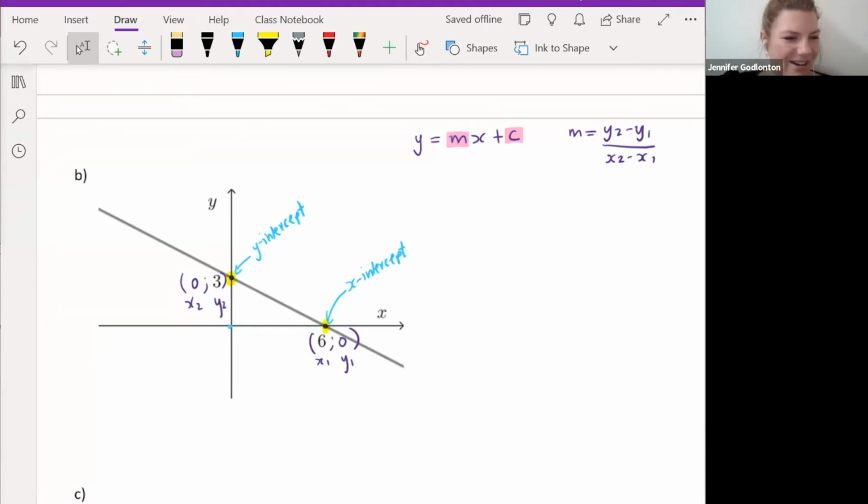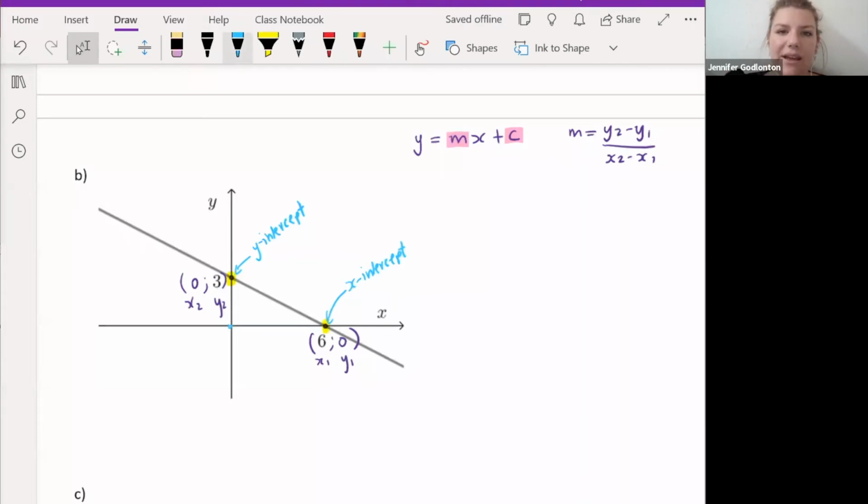Hello. How are you? I'm very well, thank you. I wanted to ask a question. Since all the numbers here are positives, where it says y2 minus y1, do I just say 3 plus bracket 0 or what?